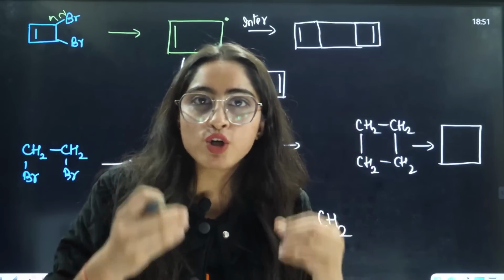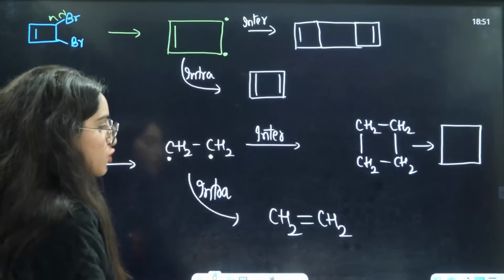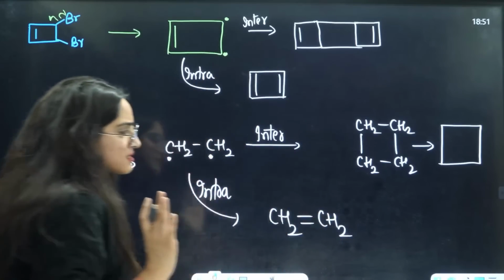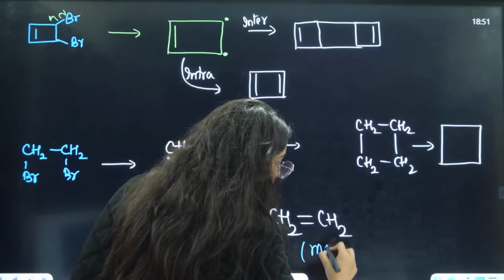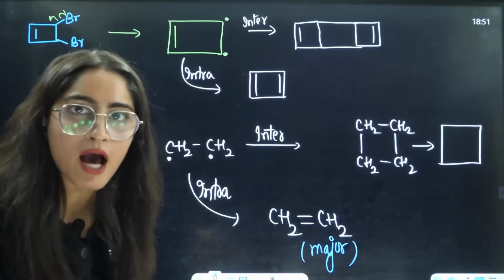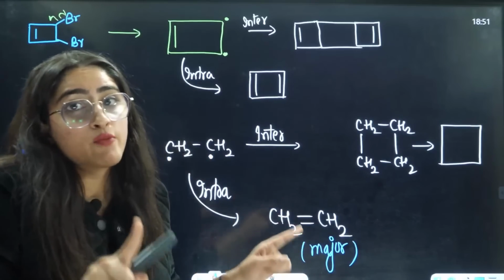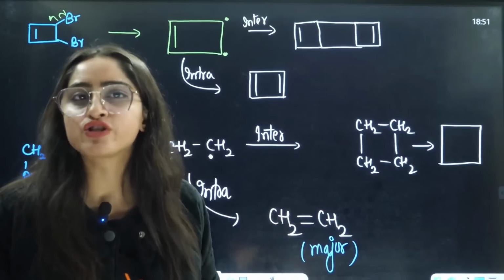Nobody on this planet wants to be anti-aromatic because it's the most unstable species, right? So you'll just see, okay, this is ethene, this is not anti-aromatic. So yes, this is the major product, right? Always first see what the intramolecular product is, then see whether it is anti-aromatic or not. If it is not anti-aromatic, then definitely it is the major product.